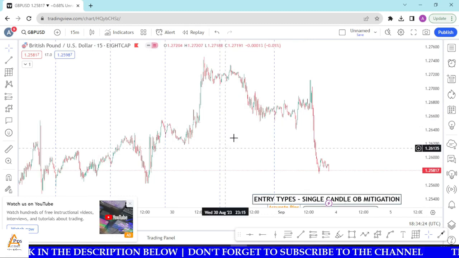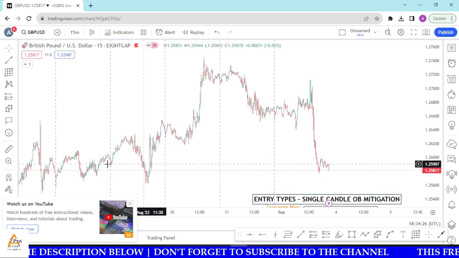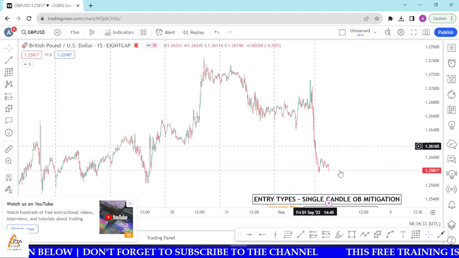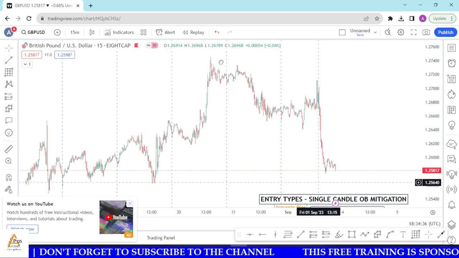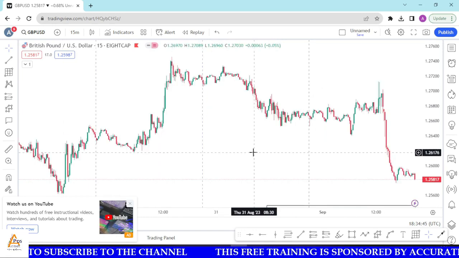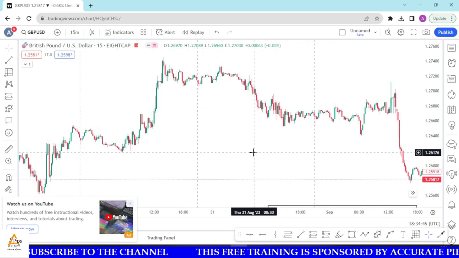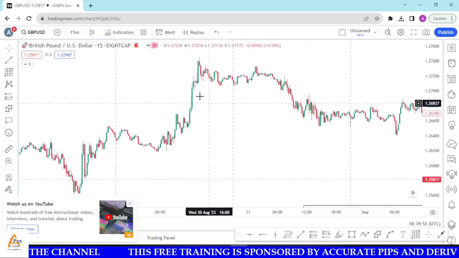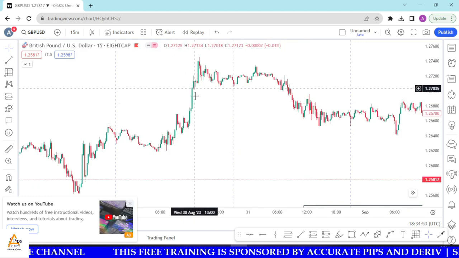Okay, so here we can see that market was moving in an uptrend, then it changes to what? A downtrend. Okay, so this is our last high, and let's see where our inducement was. Okay, so this is a valid pullback here.